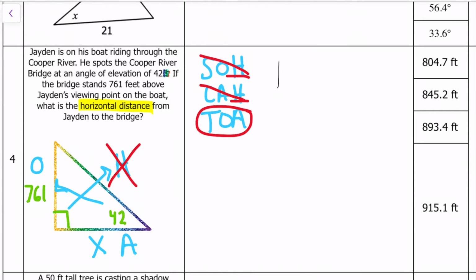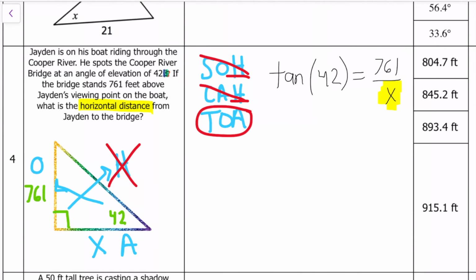So the tangent formula is tan of our angle, we know the angle this time, 42, equaling opposite over adjacent. The opposite side equals 761, and the adjacent side is what we are trying to find, which is x. So we need to isolate x.